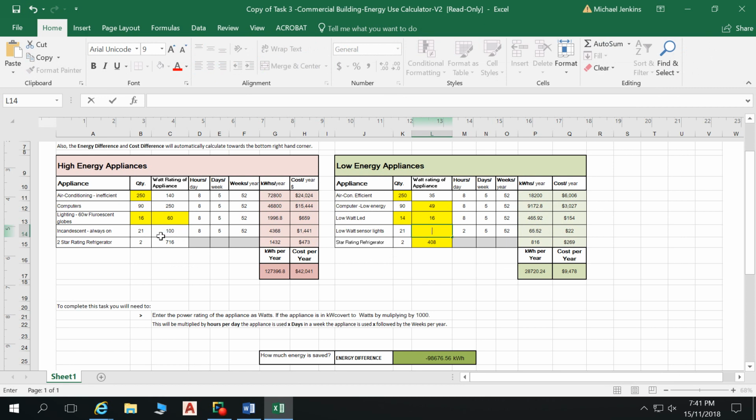Now previously that's a 100-watt incandescent globe. That's not a yellow square, so that's locked in there. But what you're asked to do is find a globe that's a low watt LED or some low watt globe to produce similar sort of lumens to that 100-watt globe.